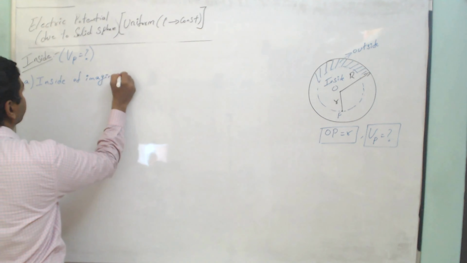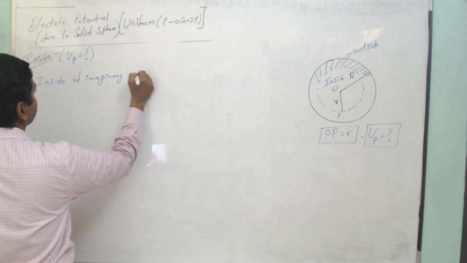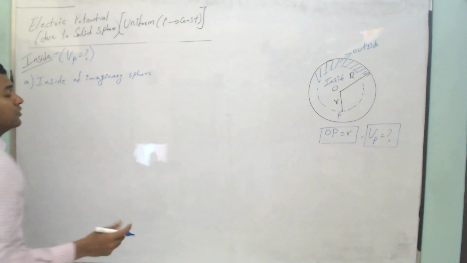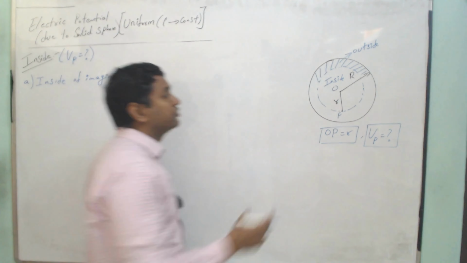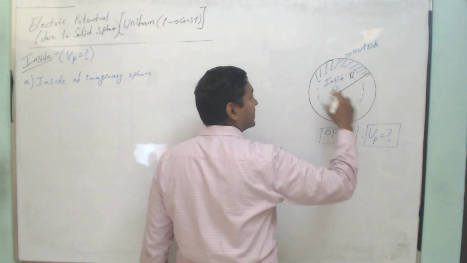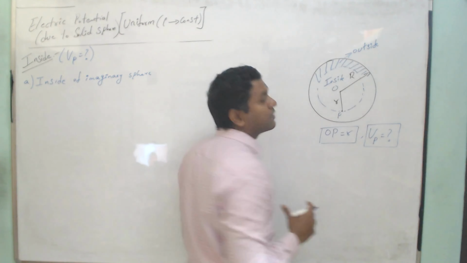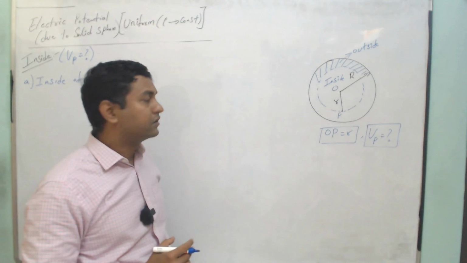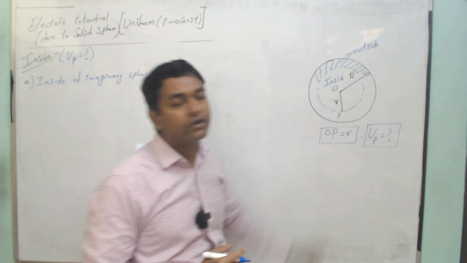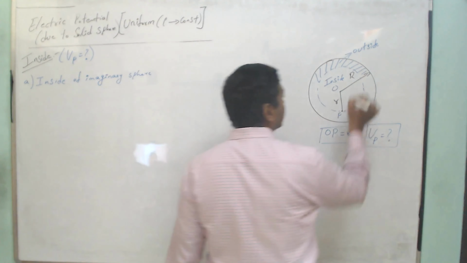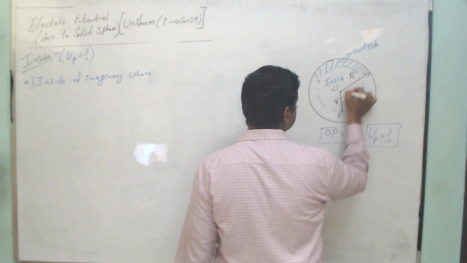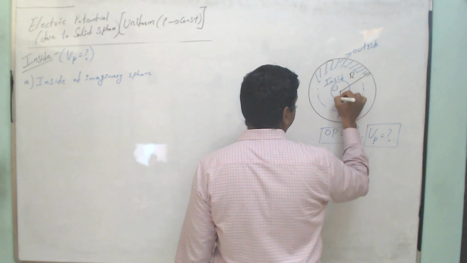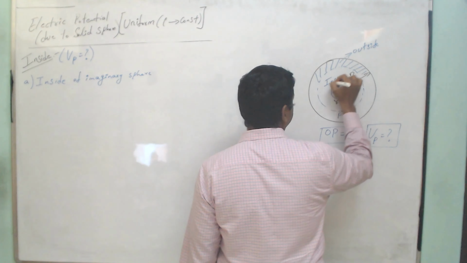Are you getting my point? Now, to find the potential due to the inside material of this imaginary sphere, due to that material at point P, I will take an element of radius x and width dx.